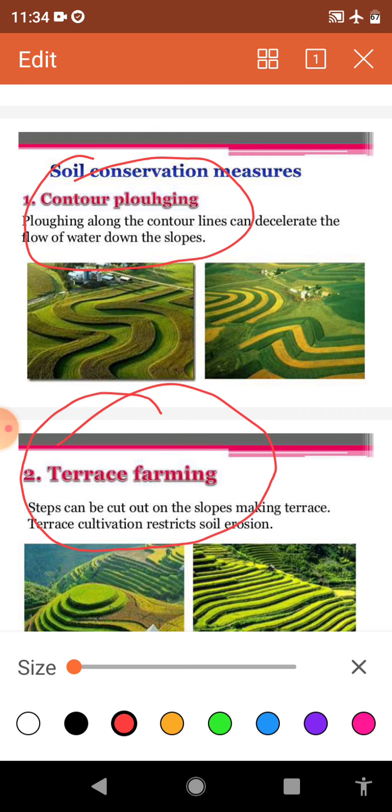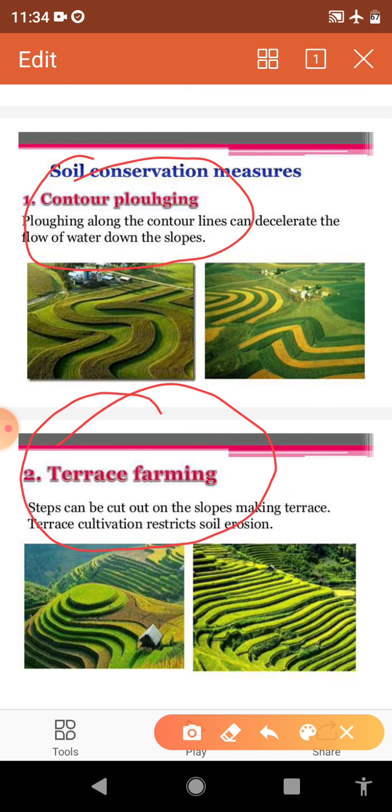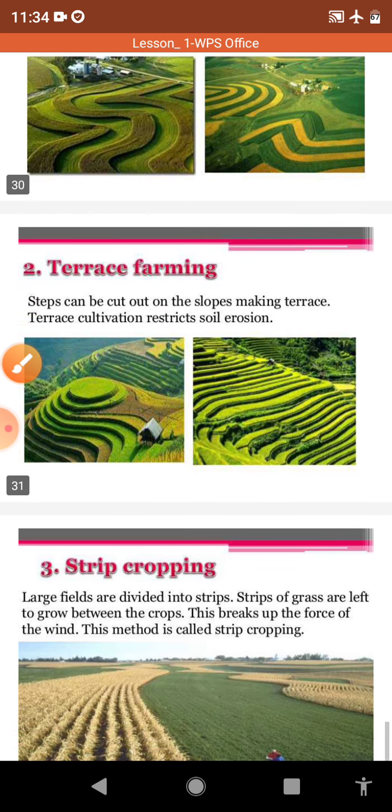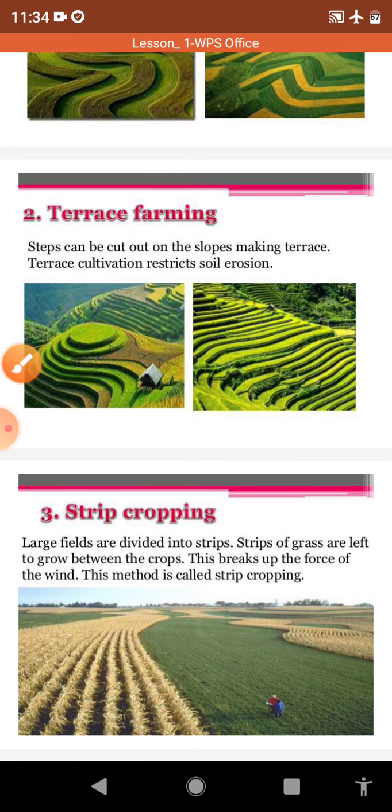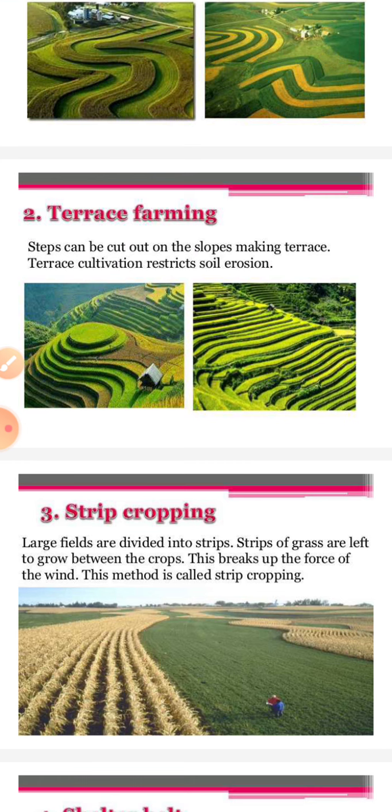In this type of farming, the slope of the hill is converted into terraces, stair-like structures. When the slope of the hill is converted into terraces or stair-like structures, this structure reduces the speed of flow of water, stream of water, or rainwater, and in this way soil erosion is restricted or controlled.